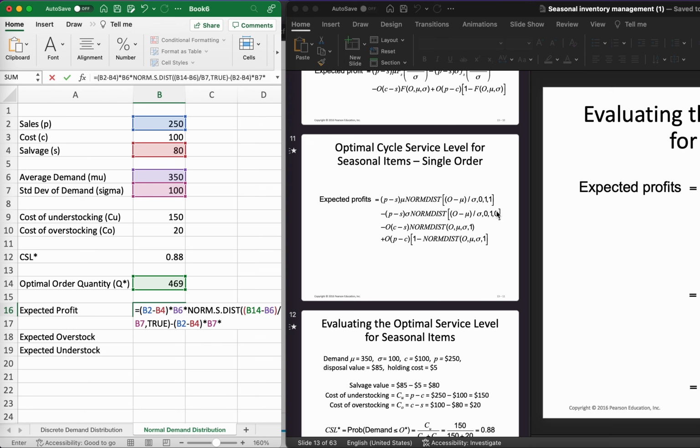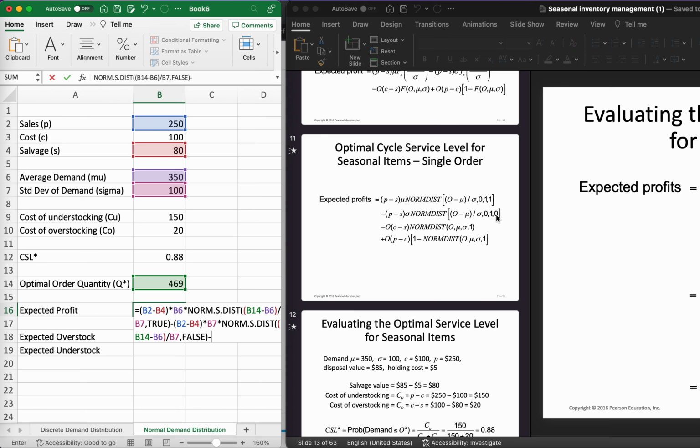But this time we're not looking at the cumulative distribution. So we will say again times NORM.S.DIST. But this time the z value is the same: order quantity minus mean divided by the standard deviation. That part is the same. But this time it is 0, not a cumulative distribution. That's the second piece, right?